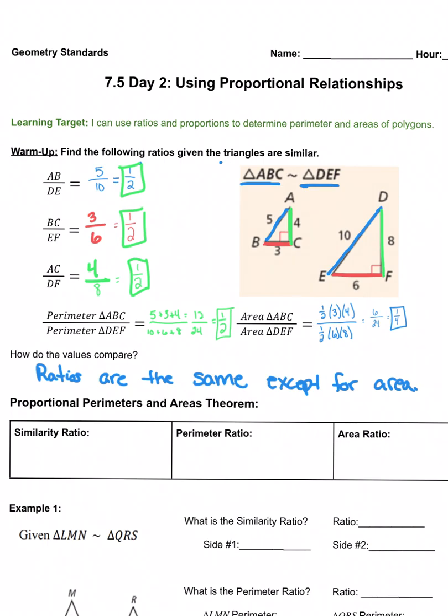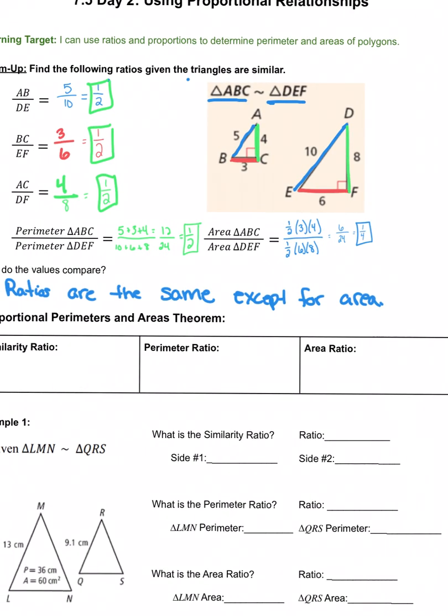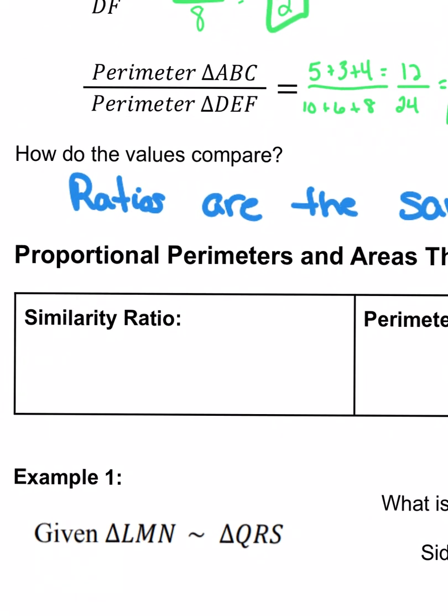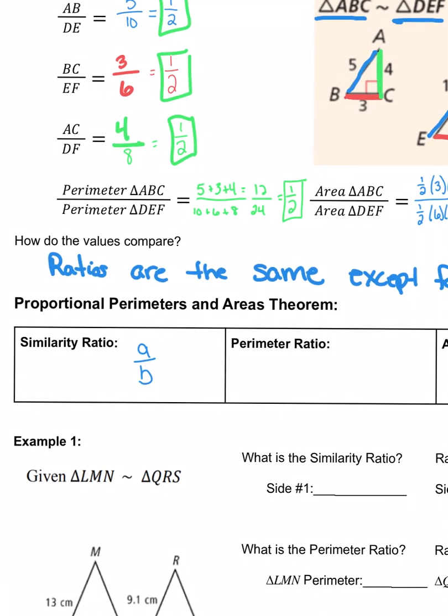Okay, so now we're going to talk about our different theorems. When we are doing ratios, we start with our similarity ratio. So this is going to be comparing whatever those side lengths are. If we have A over B, then we can know our perimeter is going to be the same based off of our warm-up.